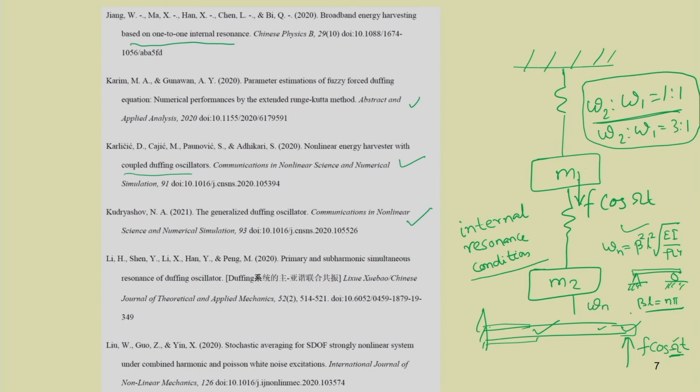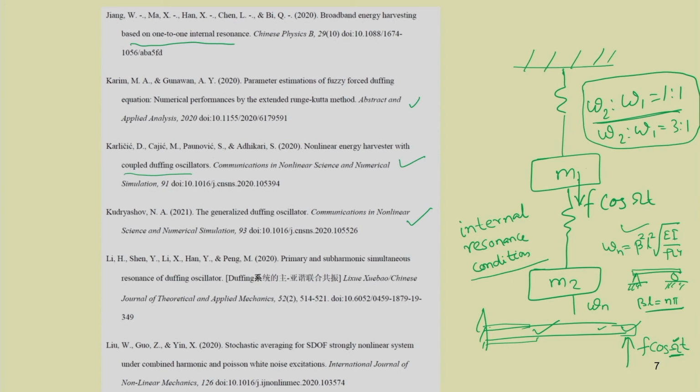For example, in this case you have n natural frequencies, and when the external frequency equals any of the natural frequencies, you can get the primary resonance. Particularly in the case of nonlinear systems, you may see two more types of resonance conditions. One is the supercritical and the other is the subcritical resonance condition.